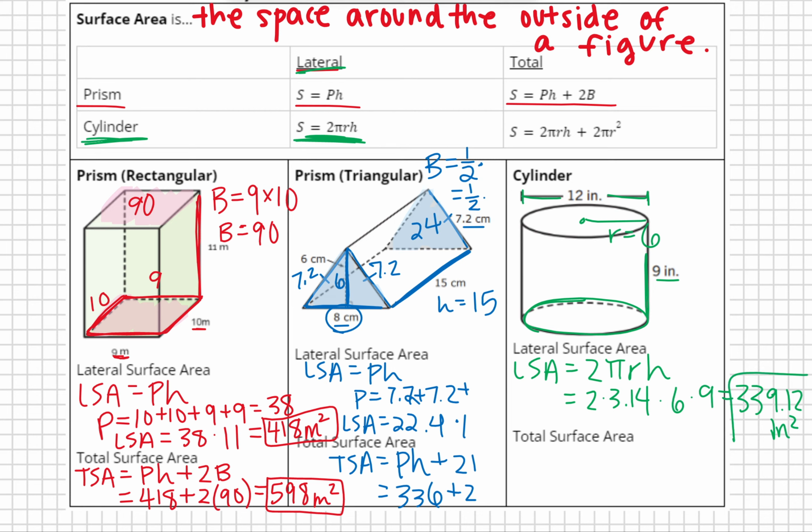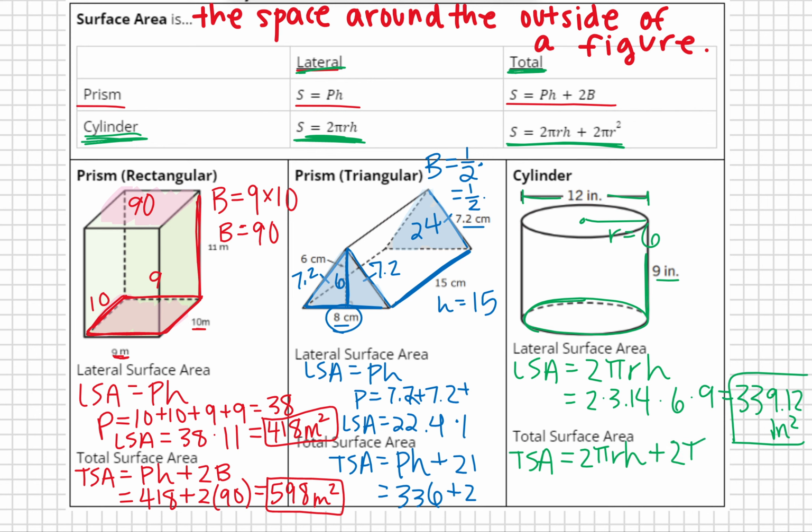For the total surface area, check the formulas. We want cylinder, total surface area, right here. So that's going to be 2 times pi times radius times height. That's the lateral surface area, plus the 2 bases. And that's going to be 2 times pi times radius squared.